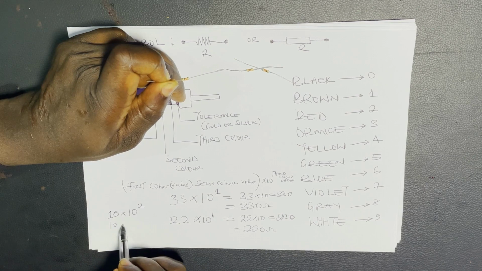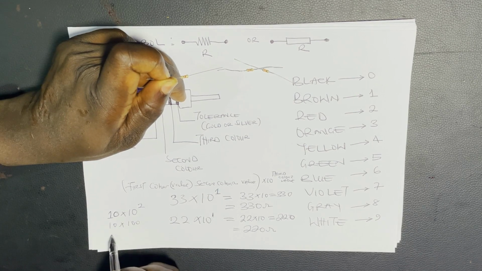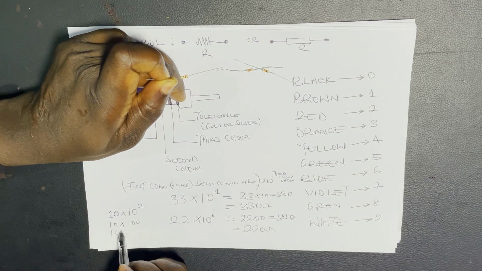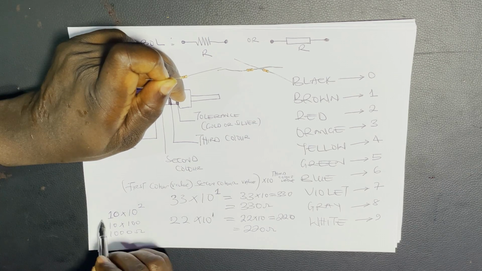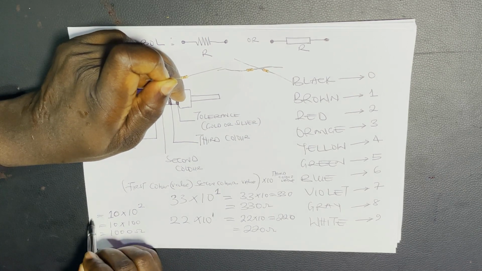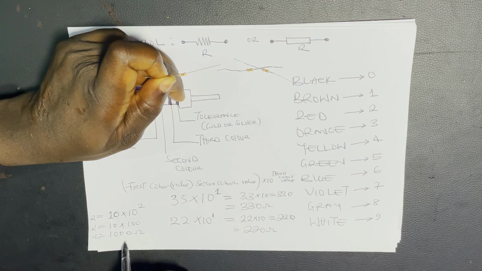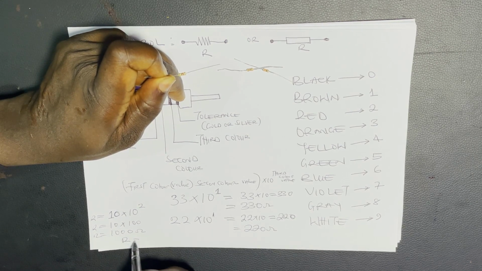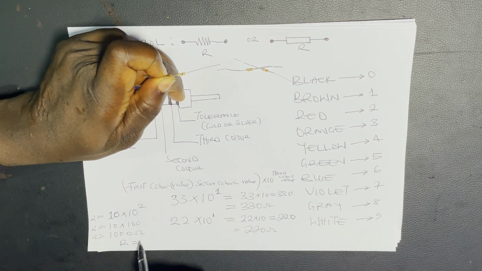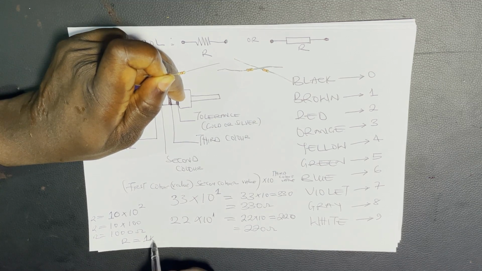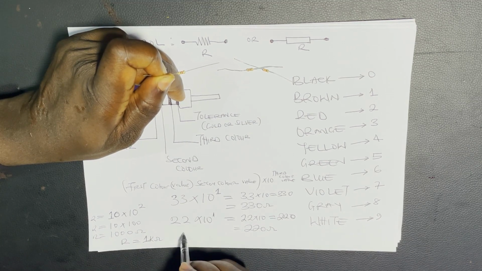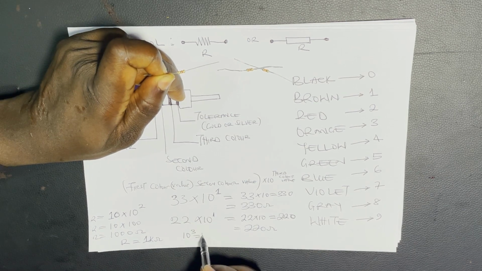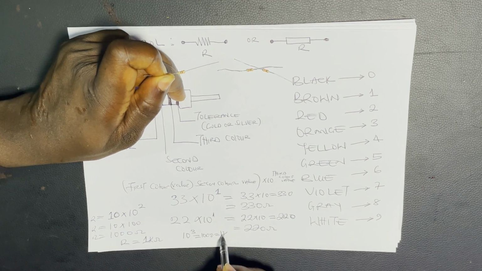So we can say 10 times 100. 10 times 100 is actually 1000, so it's equal to 1000 ohm. You can now say 1 kilo ohm. 10 raised to the power of 3 is equal to 1000, which is equal to 1 kilo ohm.